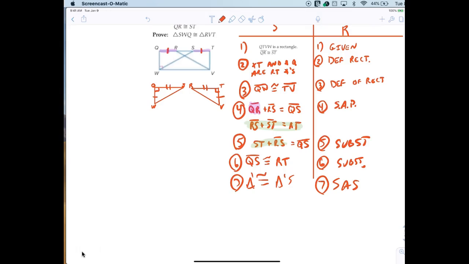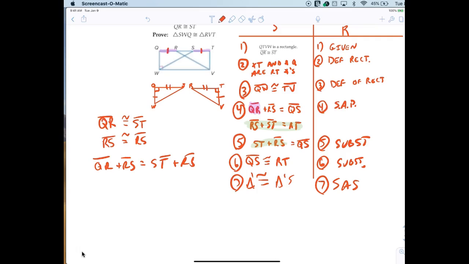So what's happening is this, guys. So watch. Here's what they did in the book. QR is equal to ST or congruent, and then RS is congruent to RS. So then if you add that, you get QR plus RS is equal to ST plus RS.